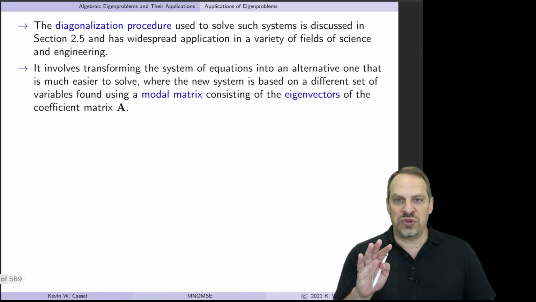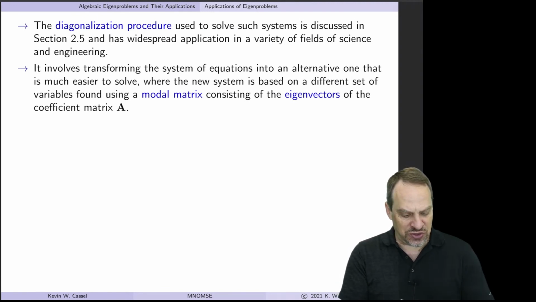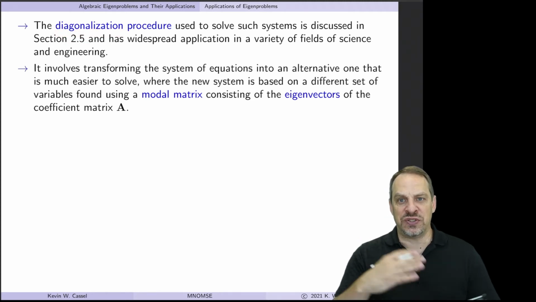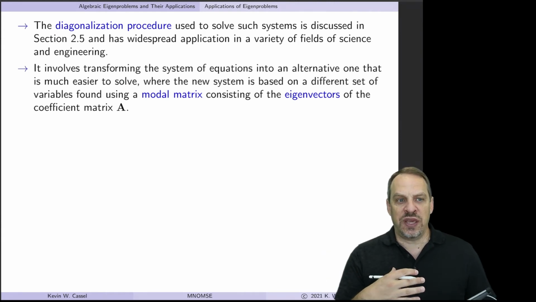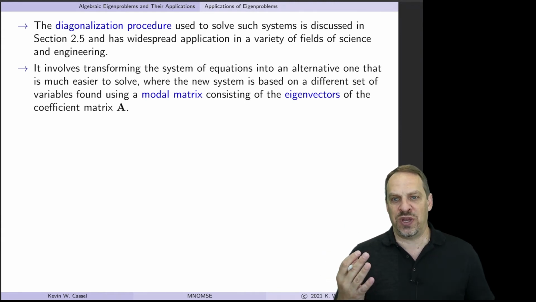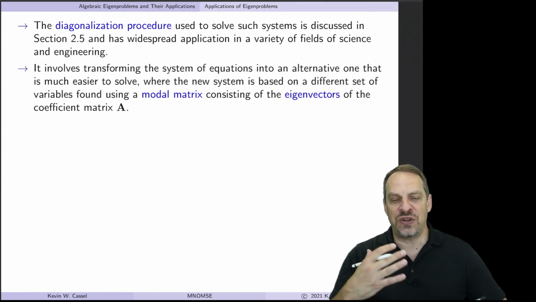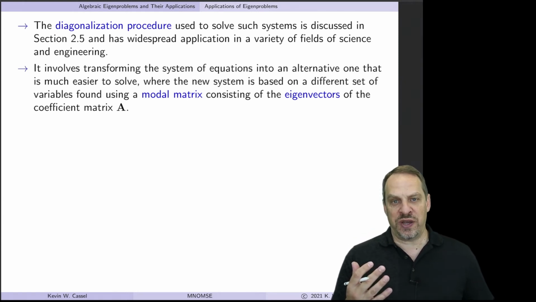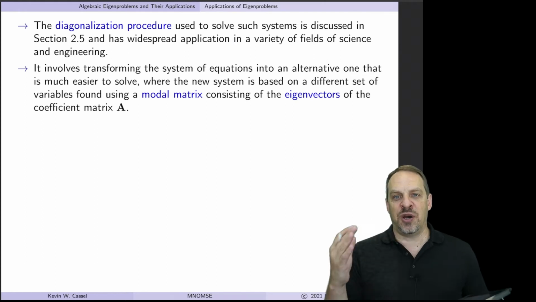So the approach we're going to take, and we'll introduce this in a couple sections, is what's called diagonalization. The idea behind diagonalization is I have this difficult problem, u dot is equal to Au plus f. Can I simplify that problem in some way? Can I introduce a new coordinate system or a new set of variables with respect to which the system is somehow simplified? So the ultimate simplification would be, can I uncouple the equations?